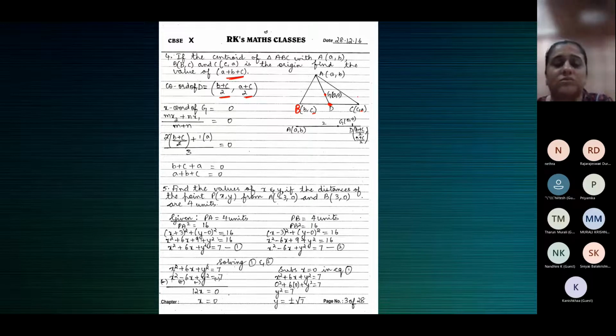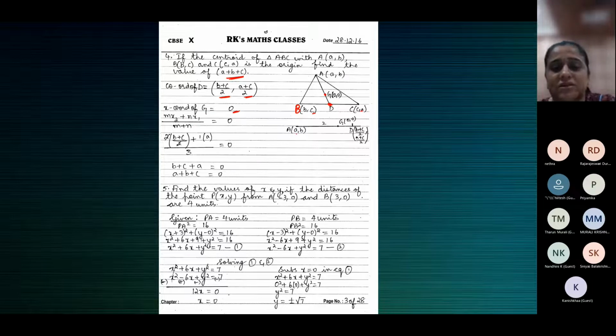Now, what is the x coordinate of the centroid? You can also take the y coordinate, anything. The x coordinate of the centroid is 0. And how do you find the x coordinate? (mx2 plus nx1) by (m plus n).